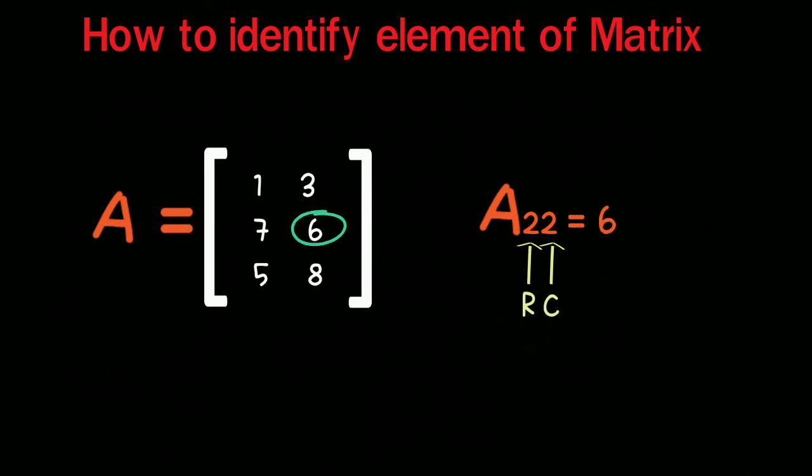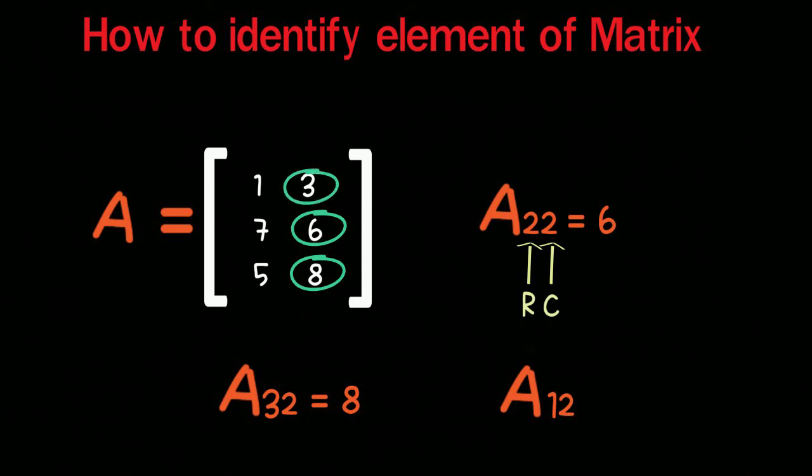Let's try another example. A, 3, 2. So we have the third row and second column, which is number 8. Let's try one more example, A, 1, 2, which is first row and second column, and the answer is 3.